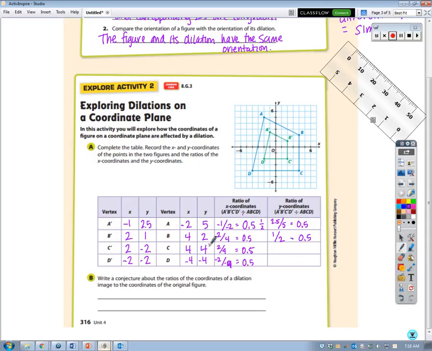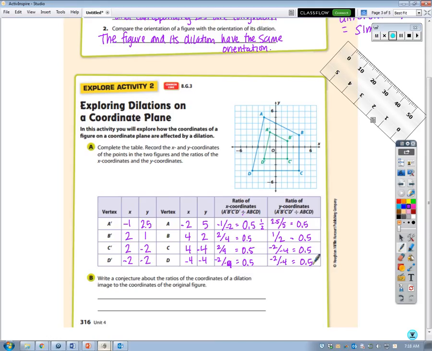Then -2 divided by -4, which is 0.5. And my last one, I've got -2 divided by -4 again, and that is 0.5.